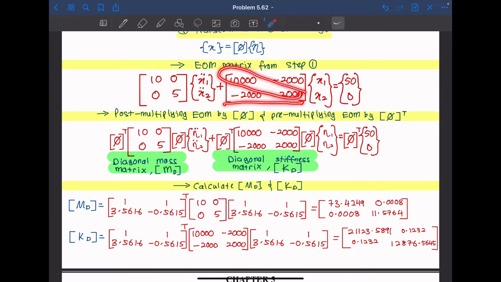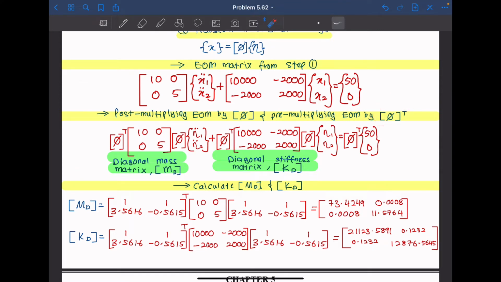This is not 0, this is not 0, so that's why we are doing this. We want to get the mass matrix and stiffness matrix to be diagonal matrices. So in order for us to do that, we have to post multiply the EOM with the modal matrix, and pre-multiply the EOM by the transpose of the modal matrix.